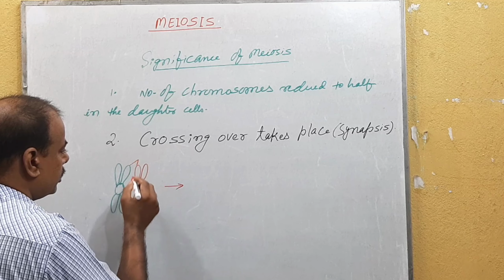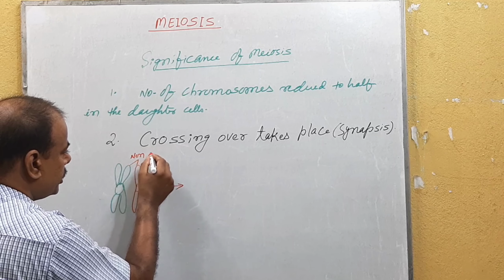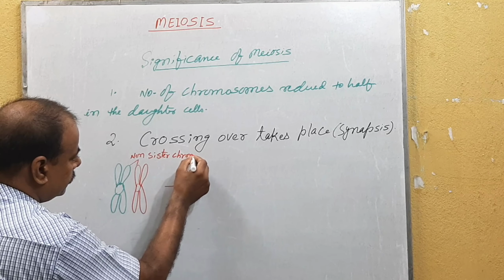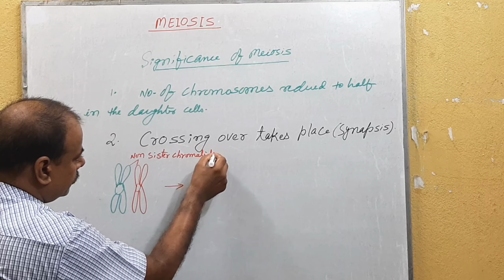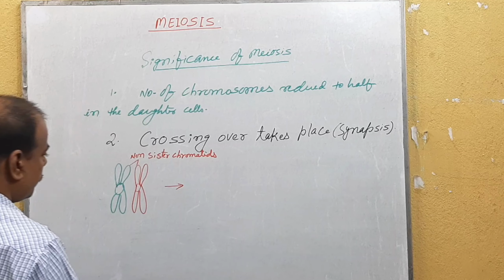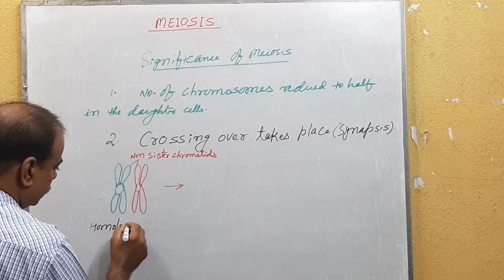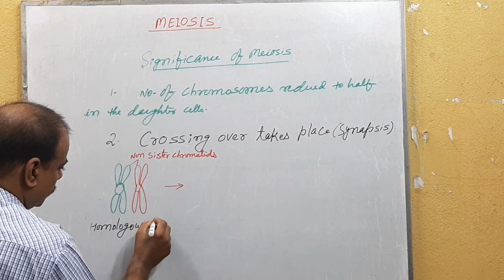Here these are non-sister chromatids. It is a pair of homologous chromosomes.